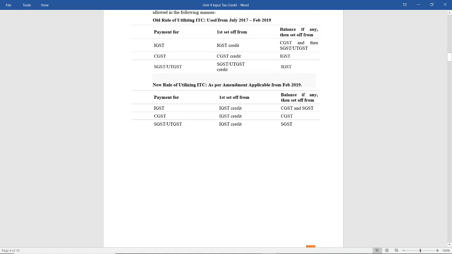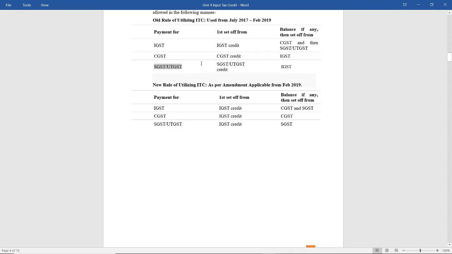The old rule of utilizing ITC was used from July 2017, from when GST was implemented, till Feb 2019. IGST credit was first used for the payment of IGST output tax. Similarly, CGST credit was first used for the payment of CGST output tax. Similarly, SGST and UTGST credit was first used to pay off SGST and UTGST output tax.